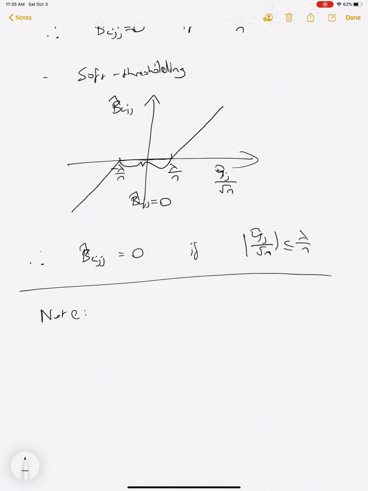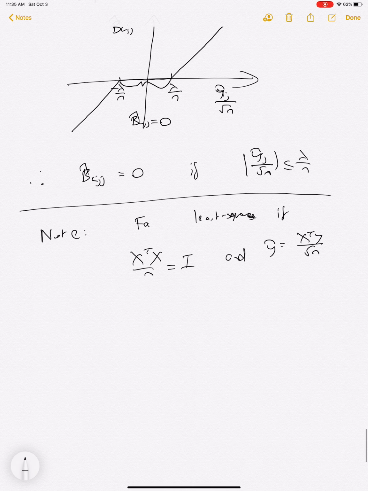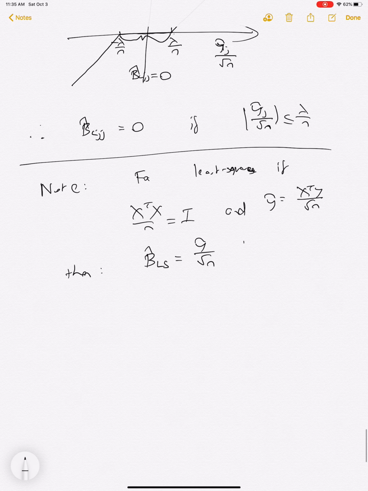and then I just want to point out that for least squares, if x transpose x over n equals the identity and y tilde equals x transpose y over square root of n, as we have here, then beta hat ls is just equal to y tilde over square root of n, i.e. beta hat ls j equals y tilde j over square root of n.